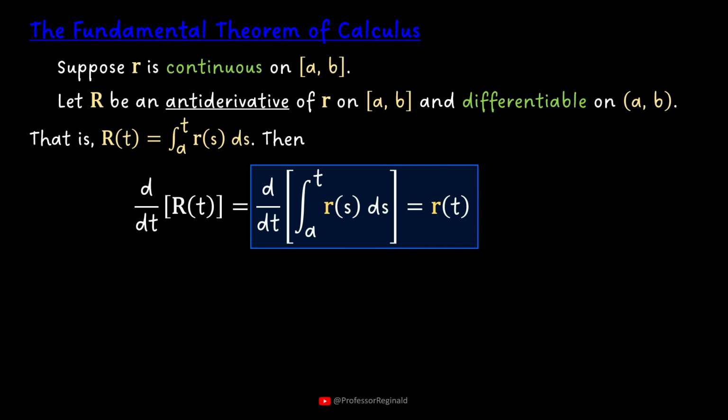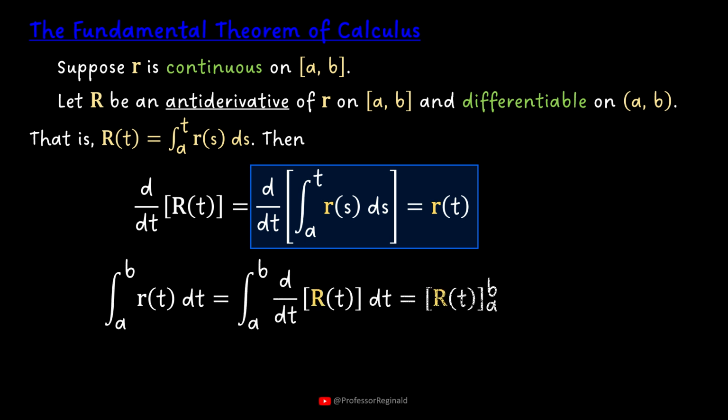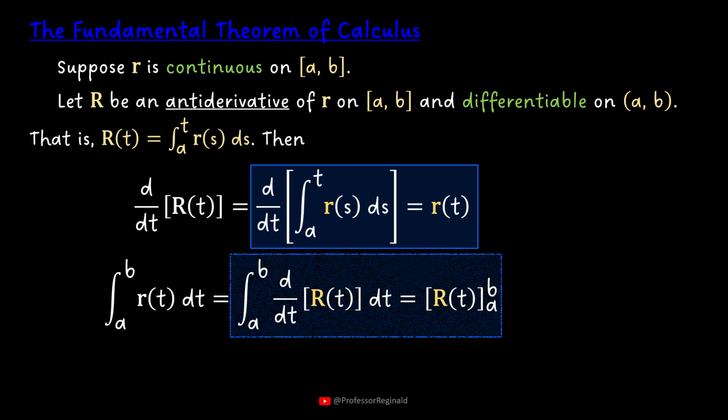Now let us go the opposite direction. The definite integral of the vector-valued function, or the integral of the derivative of the antiderivative, leads to the antiderivative. Specifically, the difference of the antiderivative at the endpoints of the closed interval. Thus, we can conclude that differentiation and integration cancel each other out, and the result of successive application of each process is the vector-valued function where both have been applied.